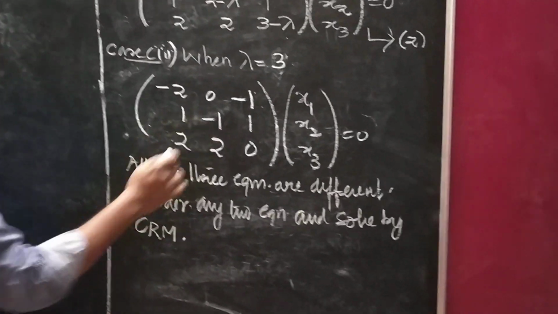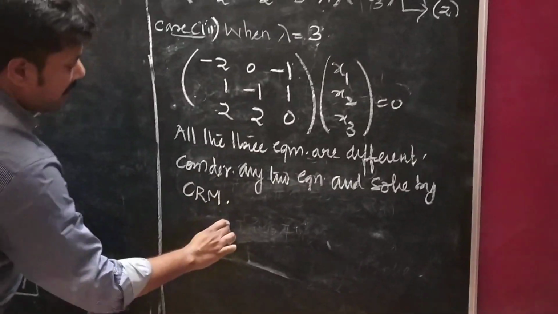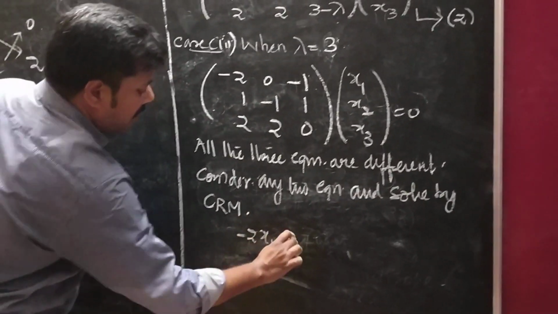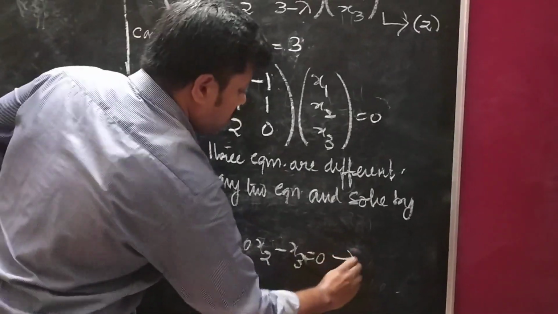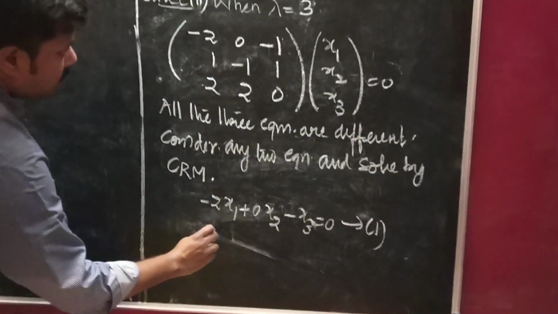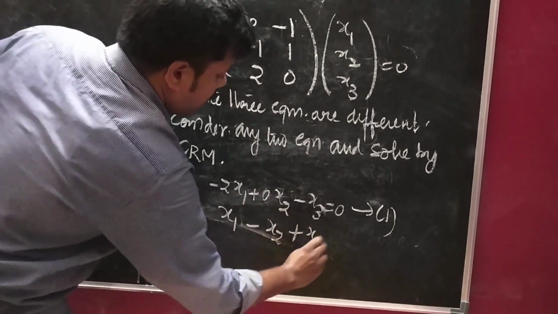What are the second and third equations? First equation is minus 2x1 plus 0x2 minus x3 equal to 0. Let it be equation 1. Second equation, x1 minus x2 plus x3 equal to 0.